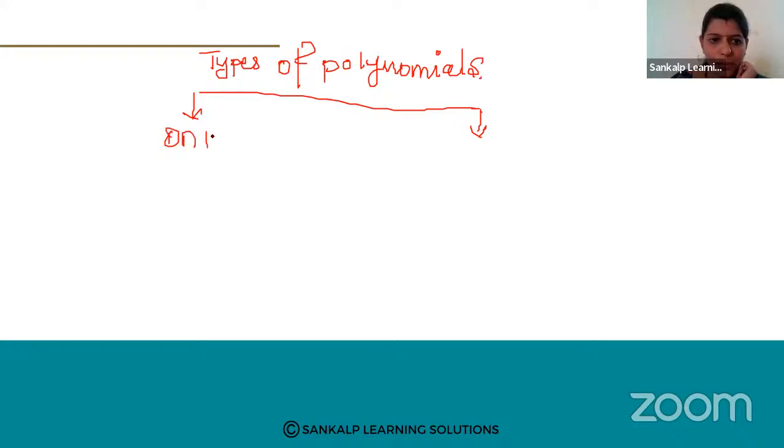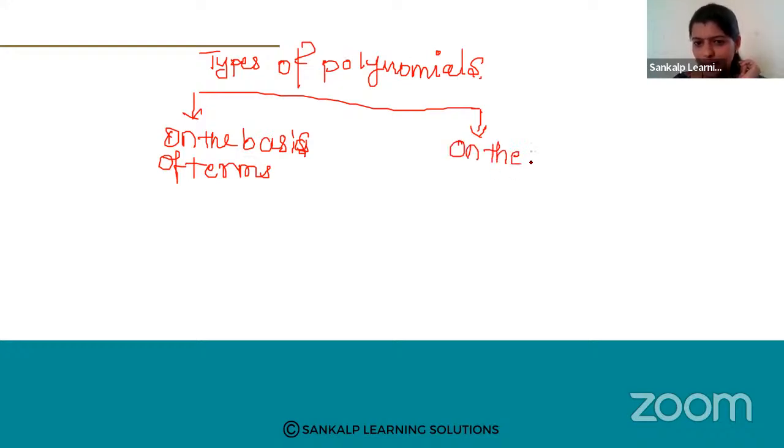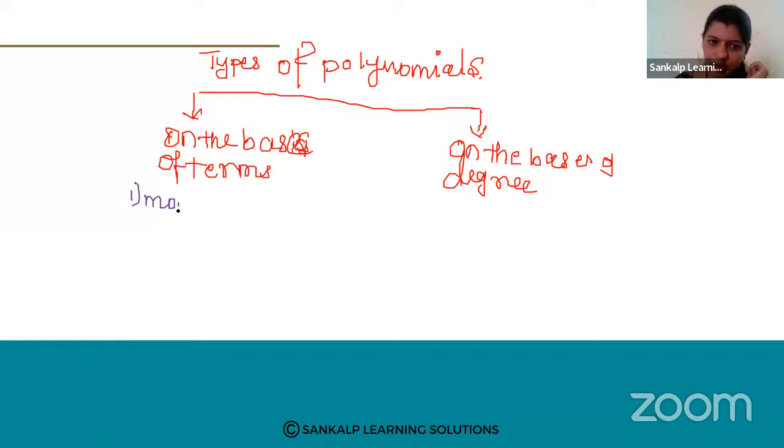On the basis of terms, if it contains only one term, then it is called a monomial, right? Monomial, binomial, trinomial.